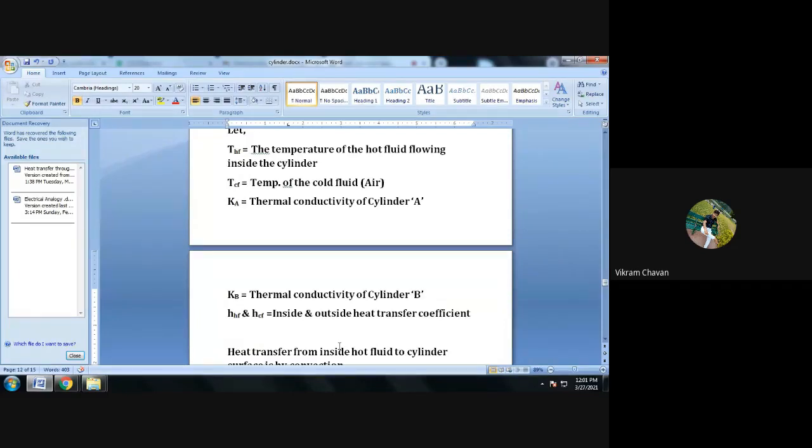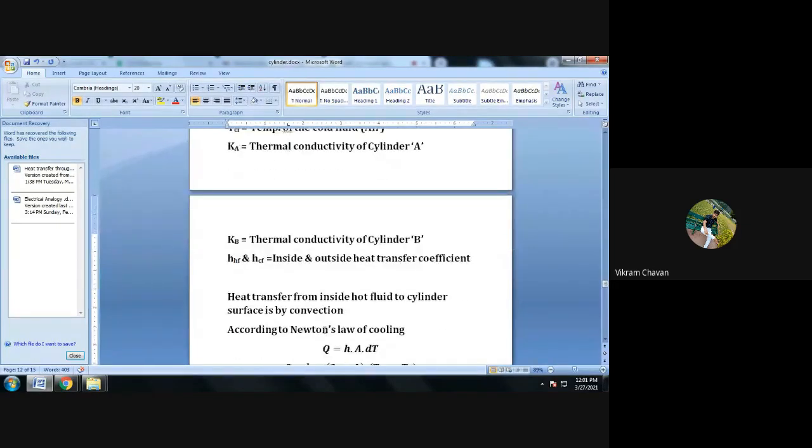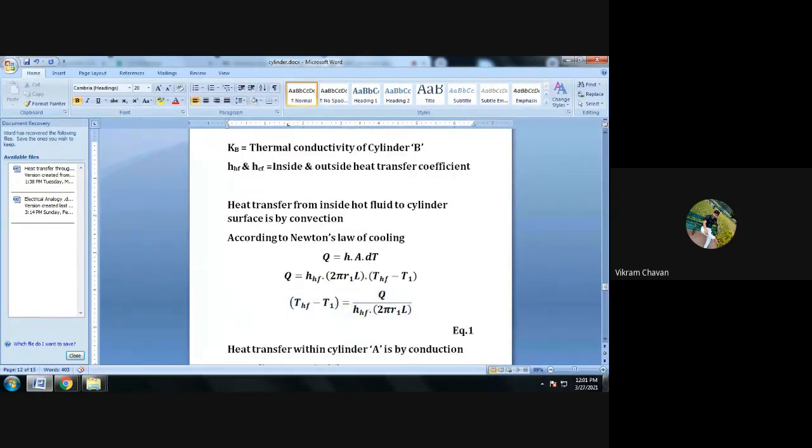Okay. Now we have to consider the heat transfer modes one by one. Heat transfer from the inside hot fluid to the inside cylinder surface is by convection.